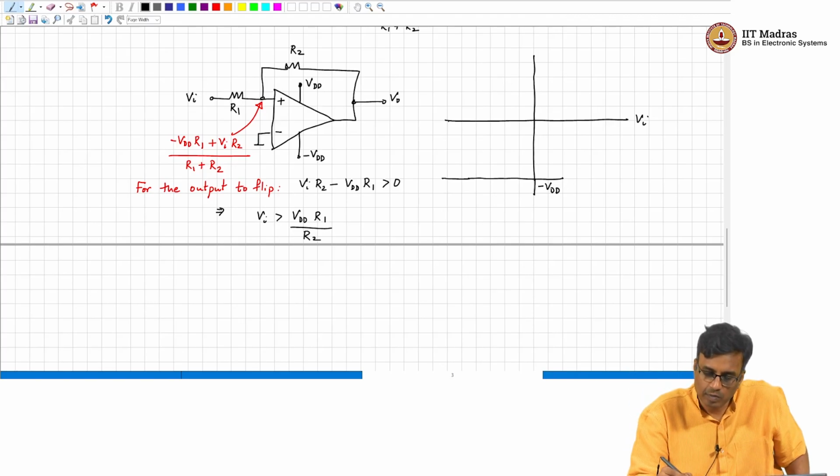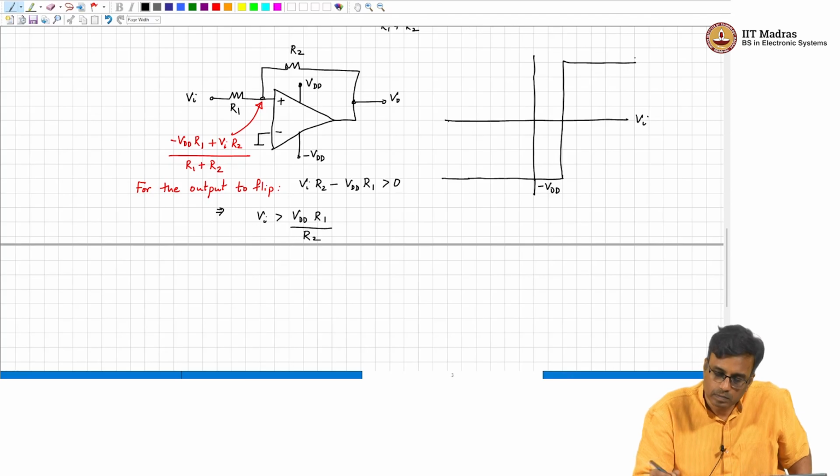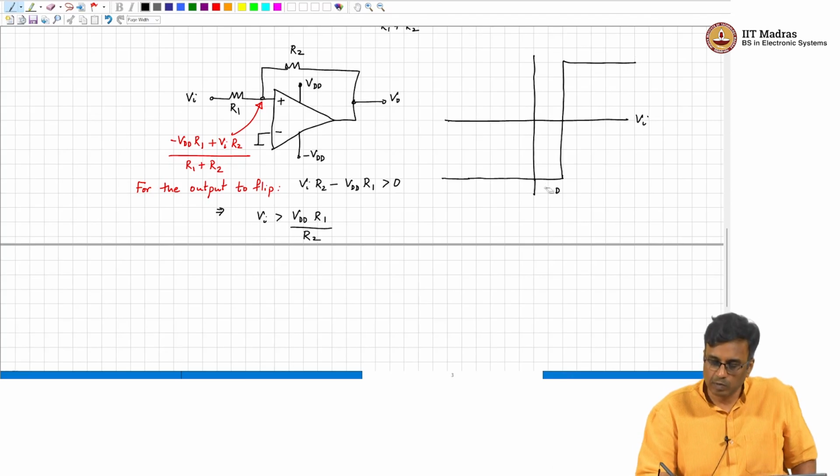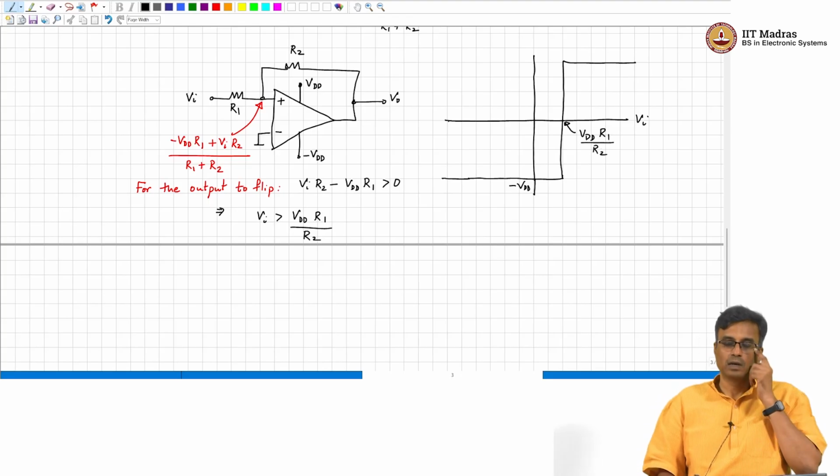So this is minus VDD, and this threshold is VDD times R1 by R2. Sanity check.